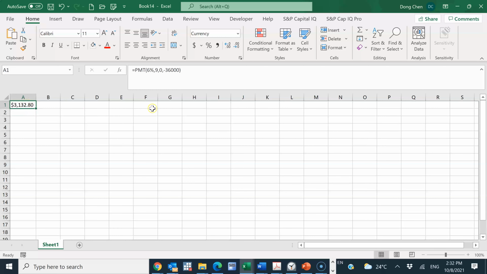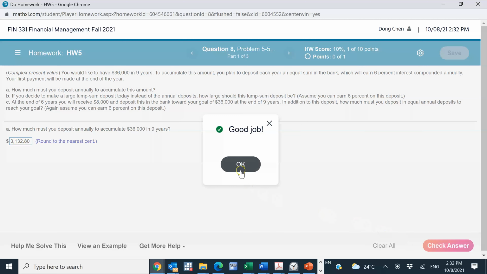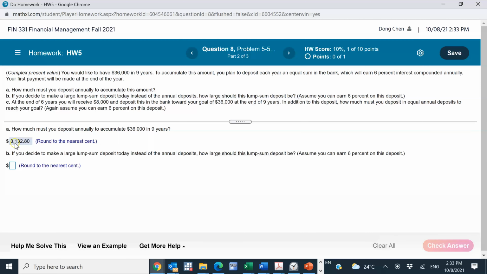Now I can just copy this value back here and get rid of the dollar sign. I don't know whether the comma will be acceptable by MyLab, so let me just check. That's good. Okay, so the comma will be accepted by MyLab.